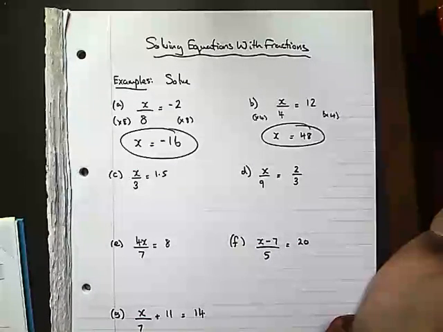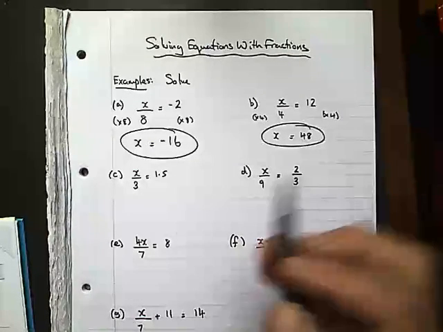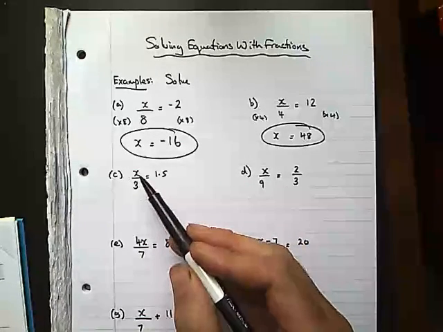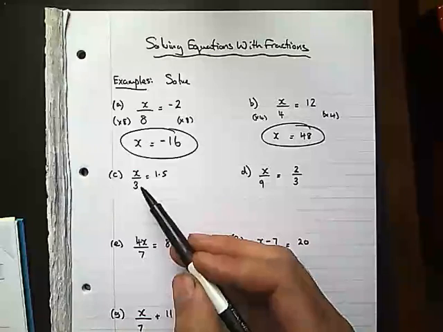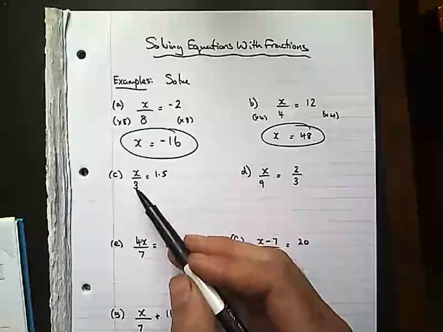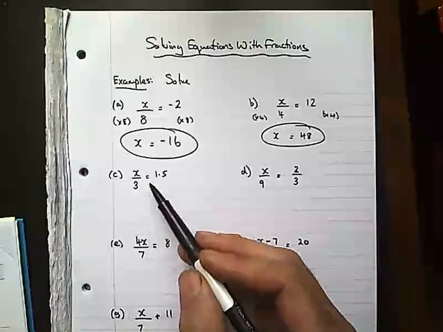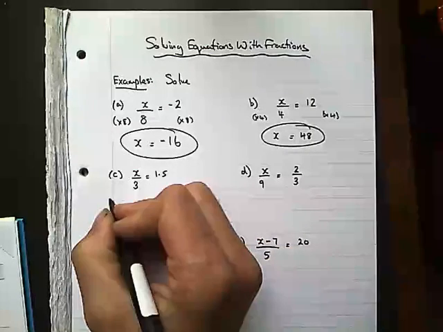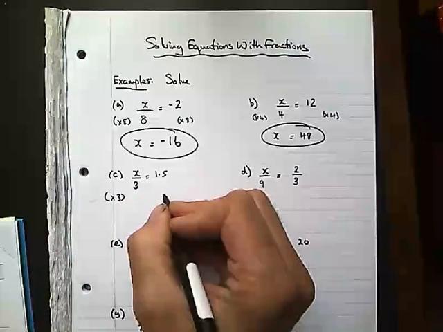Sometimes they make it look harder than it is, so they might throw a decimal number in there. So I just carry on doing exactly what I've done before, okay? Because this is the nice simple one where it's just a fraction on its own and you're just dividing by a number. So x divided by 3 equals 1.5. So I need to undo this divide by 3 by timesing by 3 on both sides.